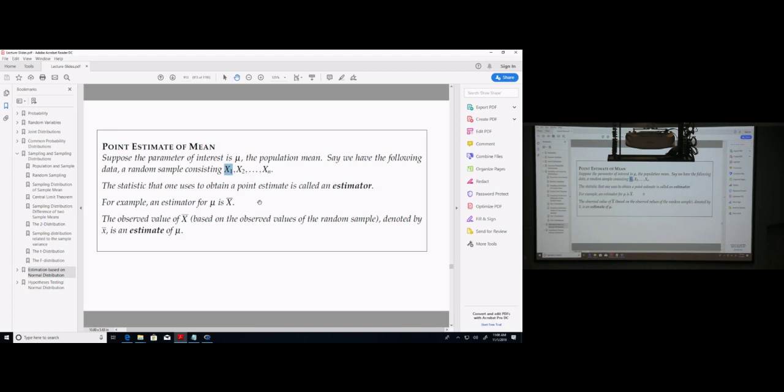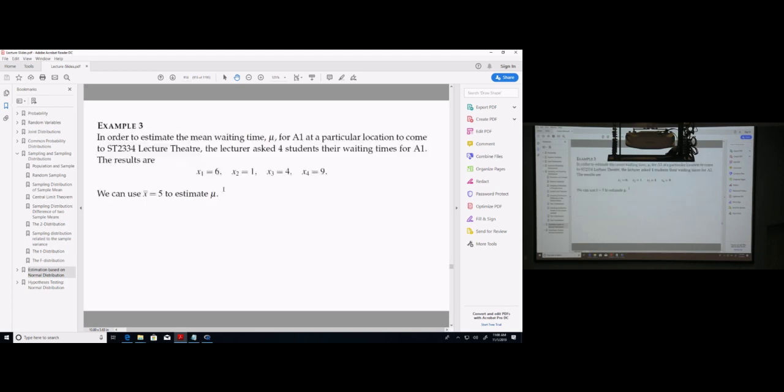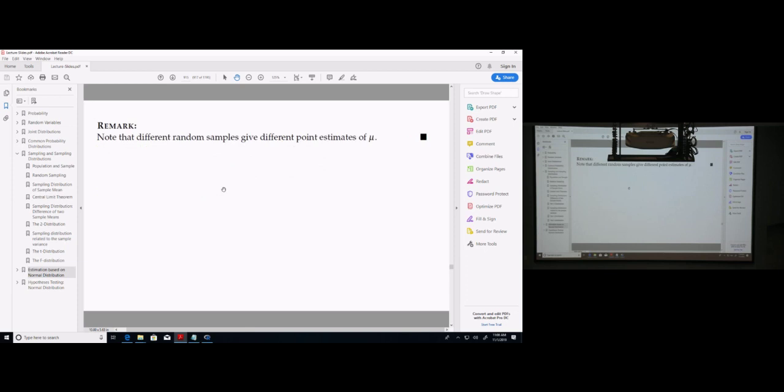So again, the argument is just used to show that it is not sensible. And mathematically, we know that the sample mean, as we define, enjoys many optimum properties. So we have this, and so x bar is equal to 5, so we use 5 to estimate my mu.